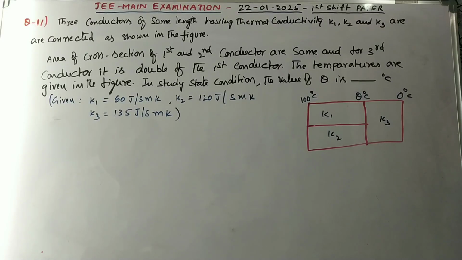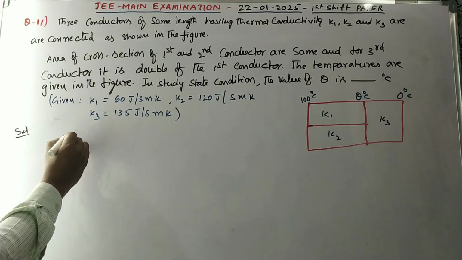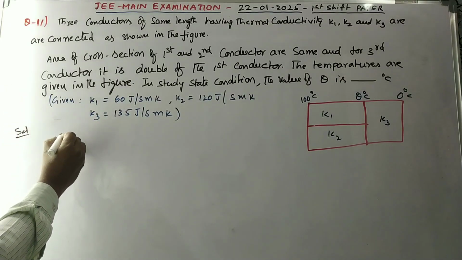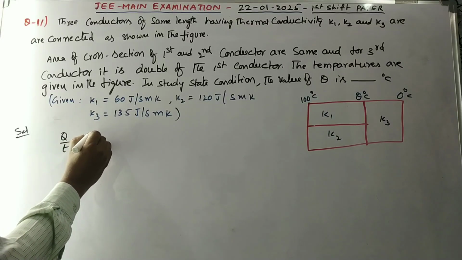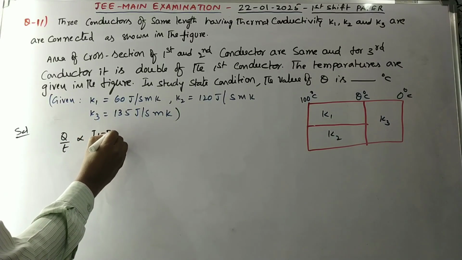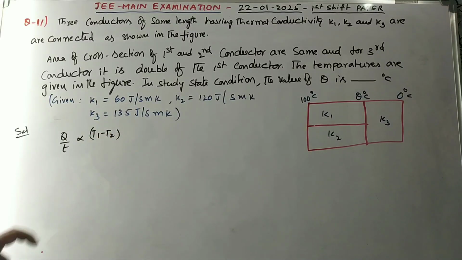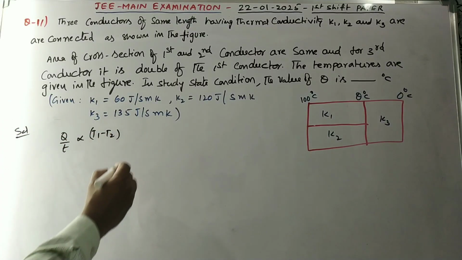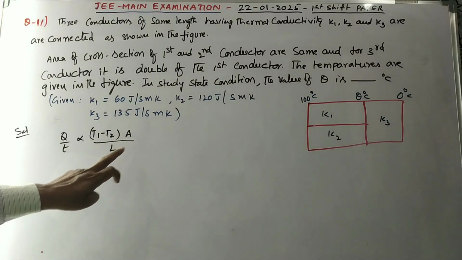According to the law of thermal conductivity, the amount of heat flow, Q by T, is directly proportional to the difference in temperature between the two ends, directly proportional to the cross-section area, and inversely proportional to the length of the conductor.